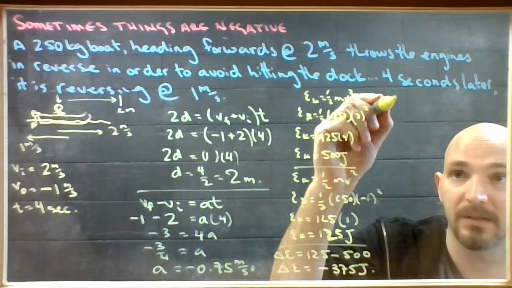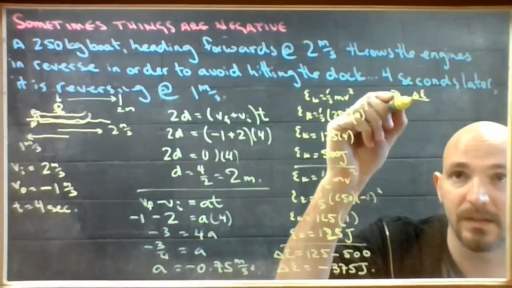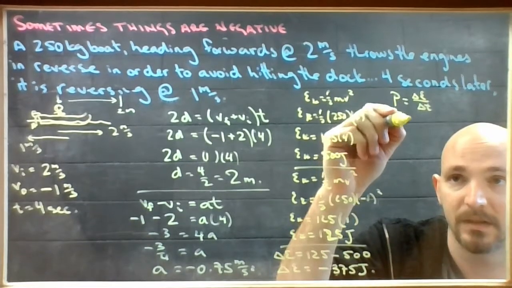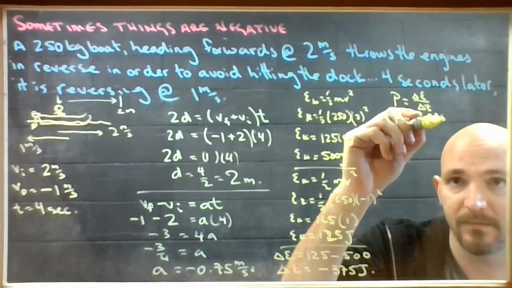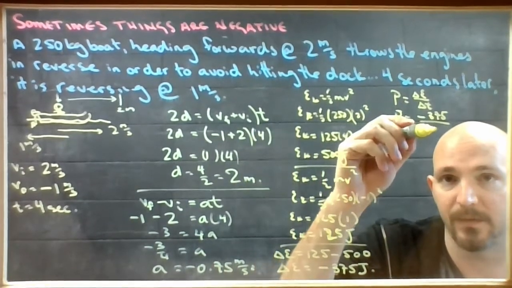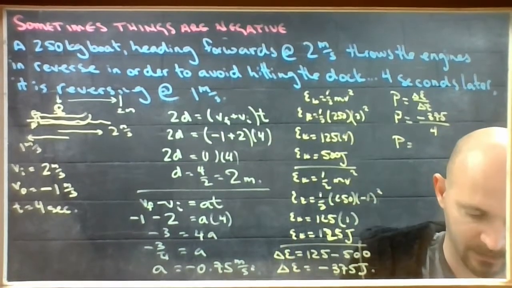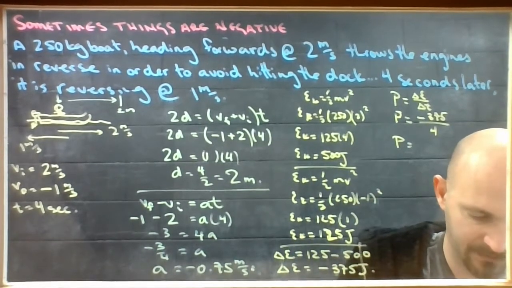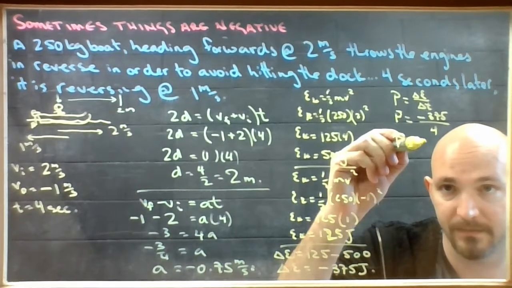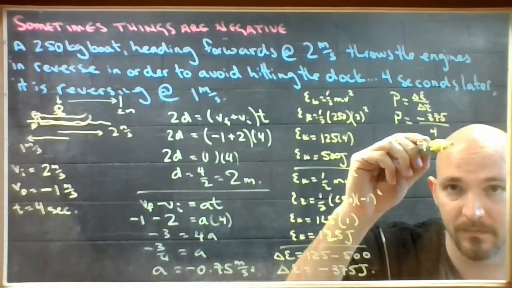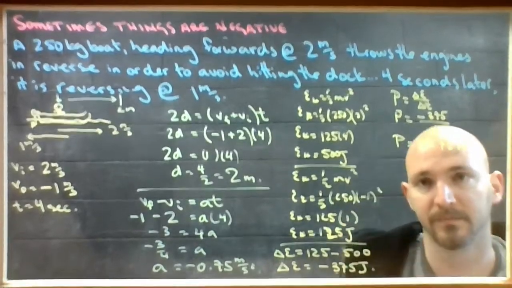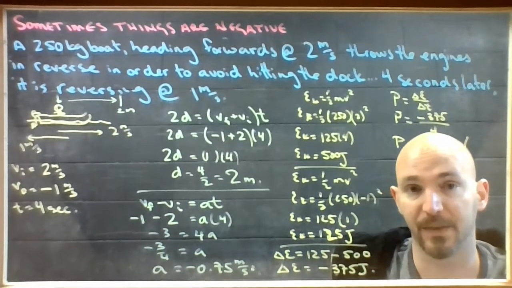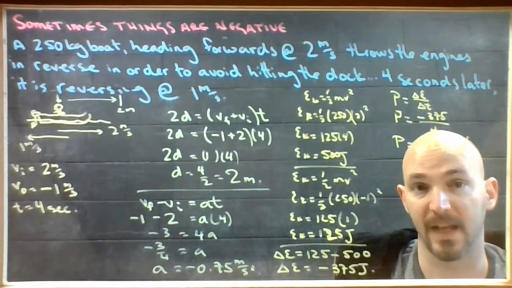So our power output, delta E over delta t, would be minus 375 divided by a time value of 4. 375 divided by 4 is 93.75 watts. Negative. So we're shedding 93.75 joules of kinetic energy every second.